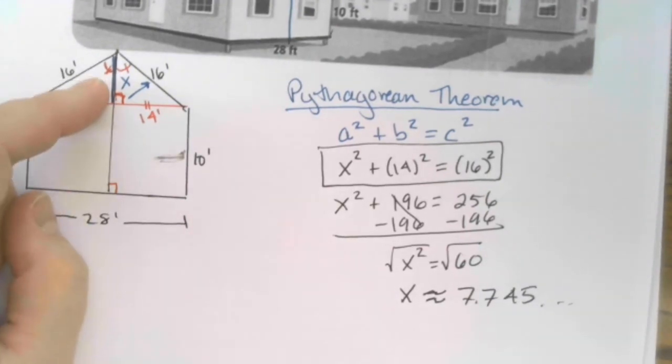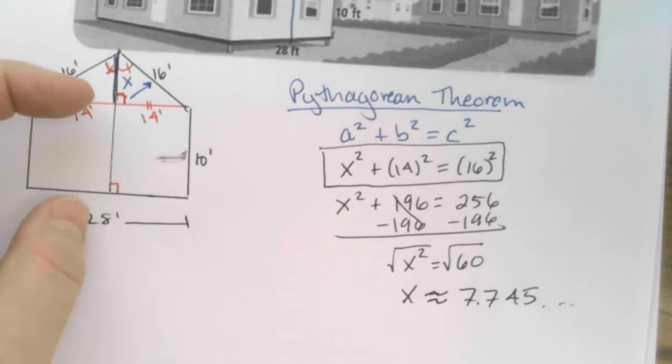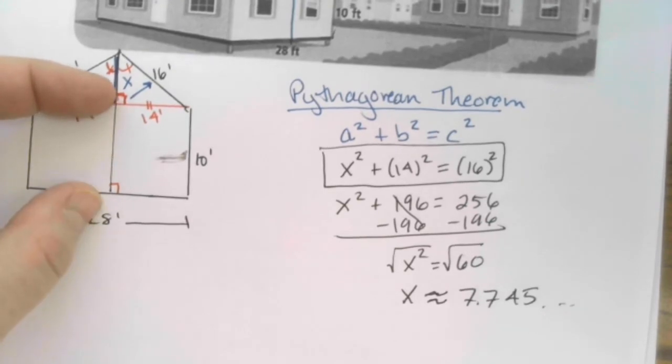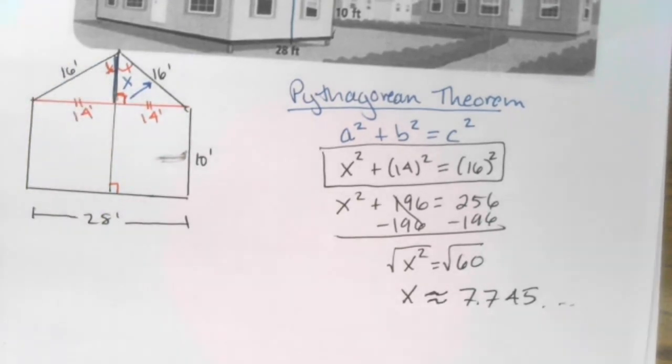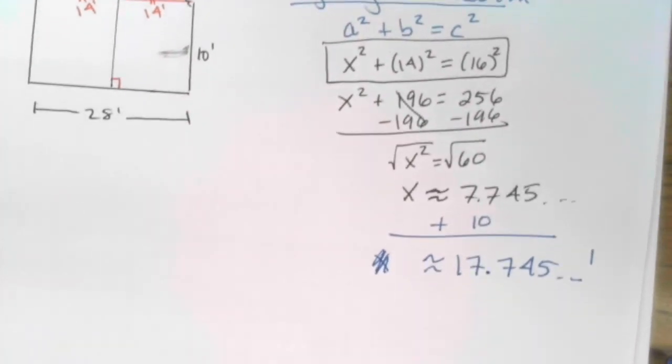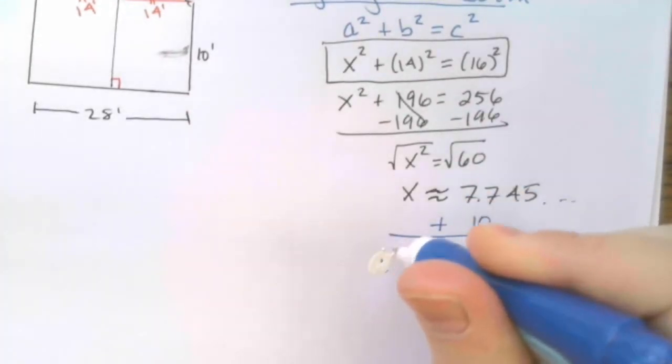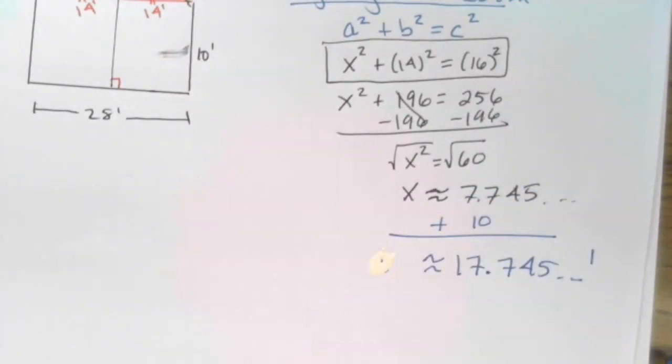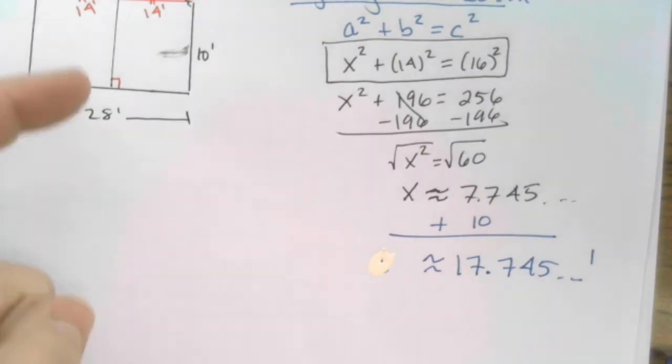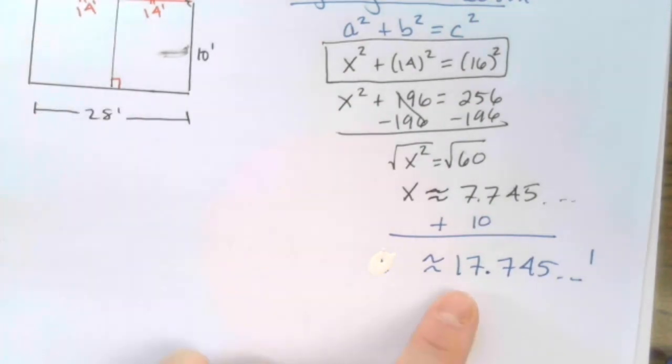So x is 7.745. From this crossbar down is 10. So if I add 10, what I end up with, not x, sorry, is 17.745 feet. So what's important is that the bridge has a clearance of only 17 feet, and the height of the house unit is 17.7.